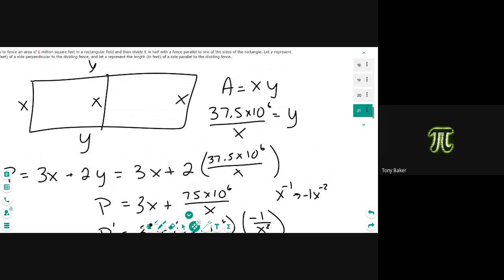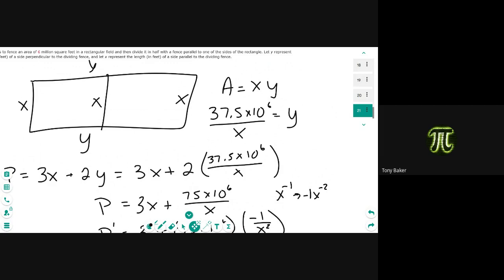Is that all of them? Alright, so my original f of x equals 3x plus 75 times 10 to the 6 over x. Yes. Now I have y equals 7,500.